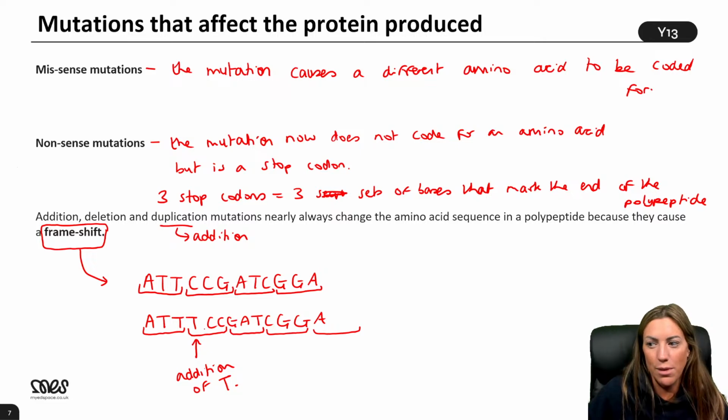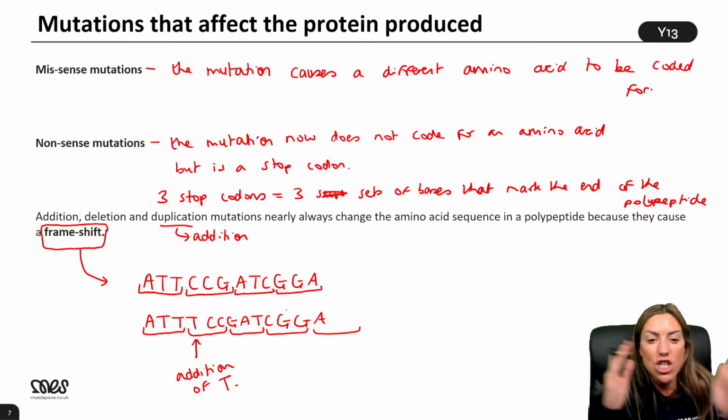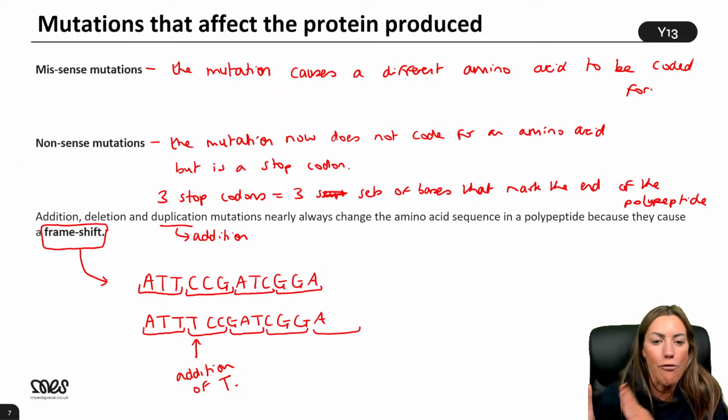So the second triplet now reads TCC, but it has a knock-on effect, right? Because all the bases have been shifted by 1. So now the next triplet is also affected, and the next triplet is also affected. It's like you've shifted the reading frame. That's why it's called a frame shift. All the subsequent triplets are impacted.